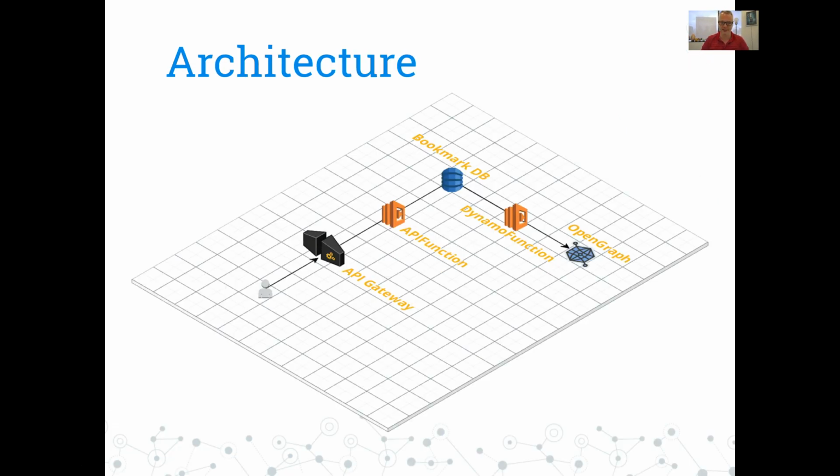So this is the architecture. It's a serverless application. It's all deployed with, of course, the LambdaSharp tool. There's a REST API that is used for invoking a Lambda function. Data is stored in a DynamoDB table.